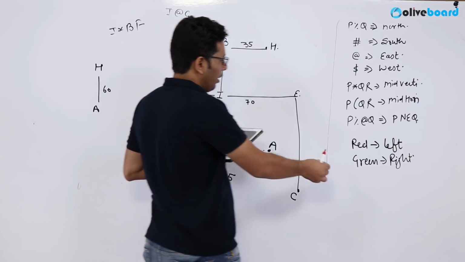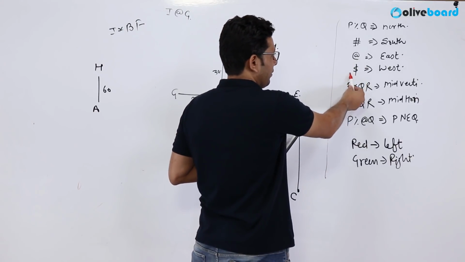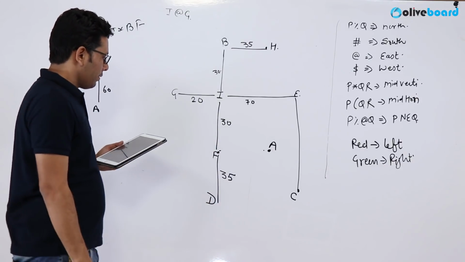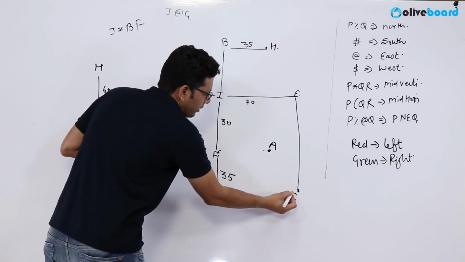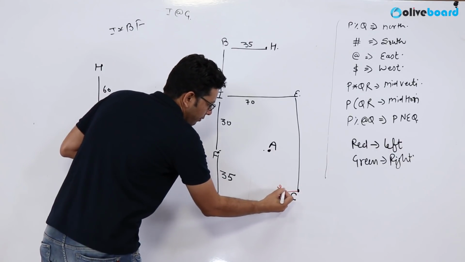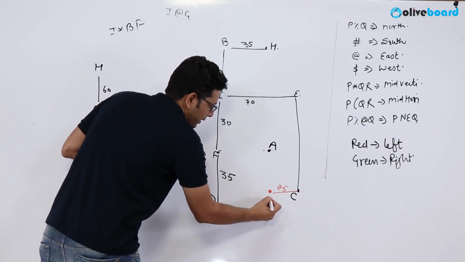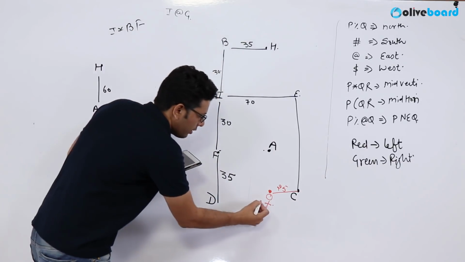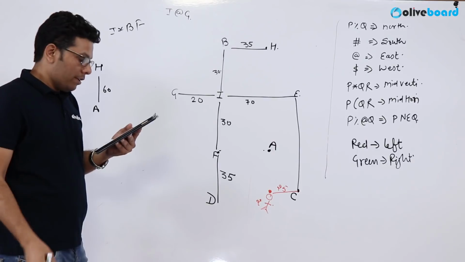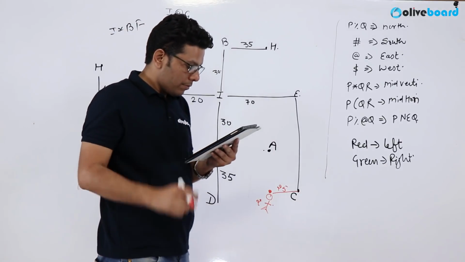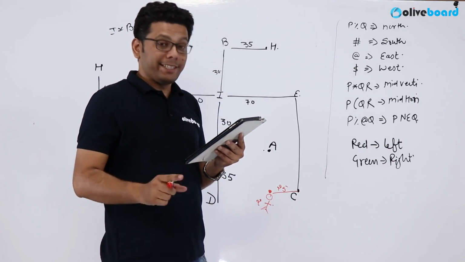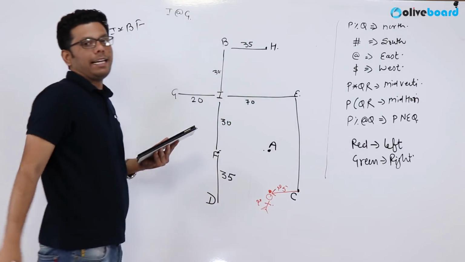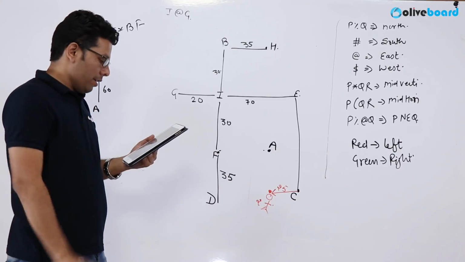What does the dollar mean? 25 meter west of C. This is the C and this is the 25 meter. This is your second trainer. Next point: the second trainer was facing the west, meaning this person is facing like this. This is the west.